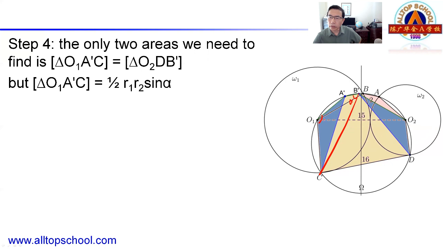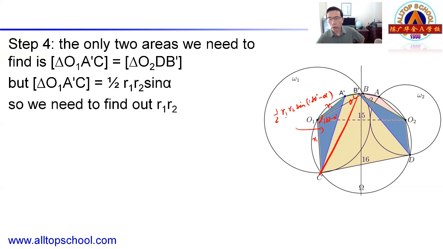If this is alpha, this is going to be 180 minus alpha, so sine of 180 minus alpha is the same as sine alpha. This is R2, this is R1. So the area is 1/2 of R1 R2 sine of 180 degrees minus alpha, which is the same as sine alpha.